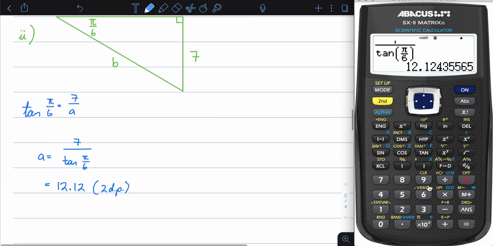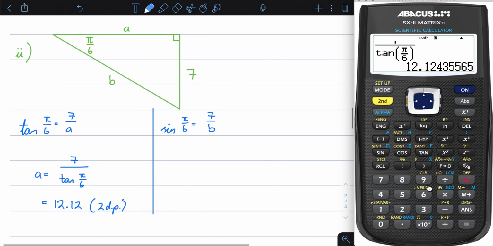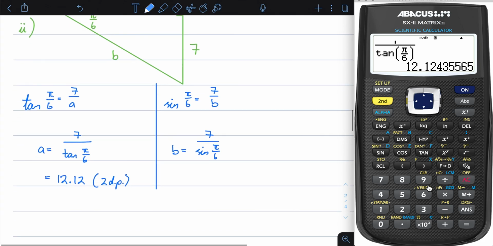Let's do this one more time for the value of b. To solve for b, let's use sine. Sine pi on 6 is equal to 7 on b, opposite over hypotenuse. b, let's make some more space actually. b is equal to 7 on sine pi on 6.